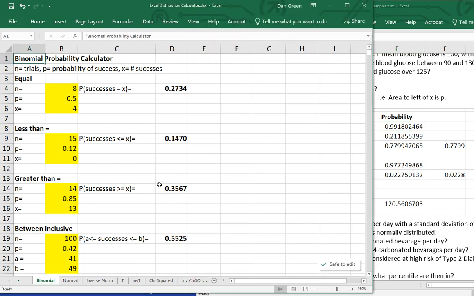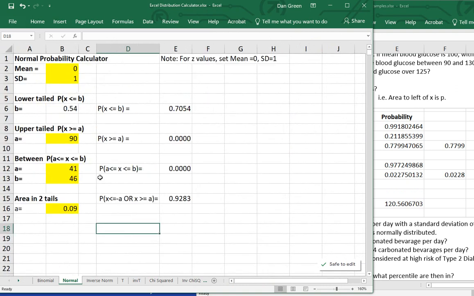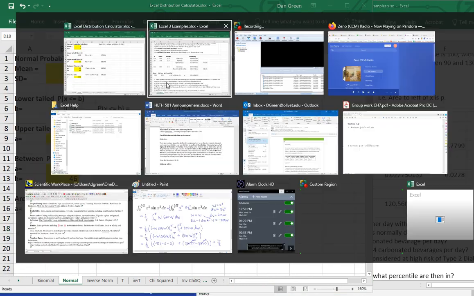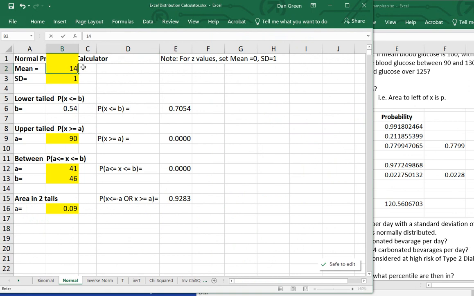So if you go to the distribution calculator, we're doing a normal probability, so you click on that normal tab. Let's go ahead and zoom this in. Okay, and then we have to enter in our mean and standard deviation. So for us, that was 112.5. So we just key those in there.